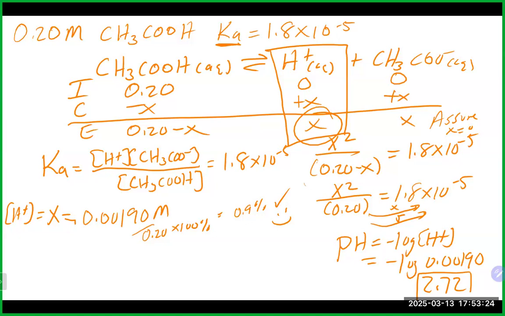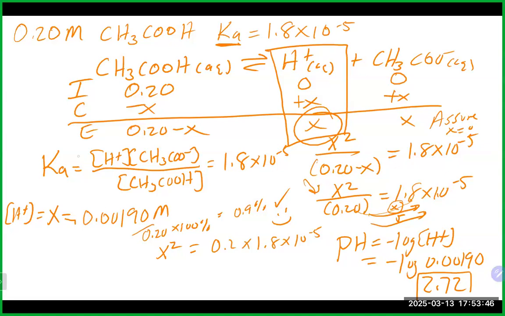How did I solve from this part? Yeah, so the first thing you need to do with the top part here is multiply the bottom to the other side. So you need to take the 0.2 times the 1.8 times 10 to the minus 5, and that would equal x squared. And when you get that number, then you take the square root of it.